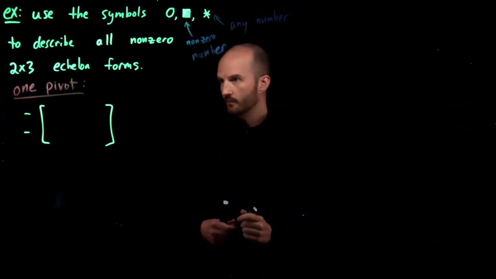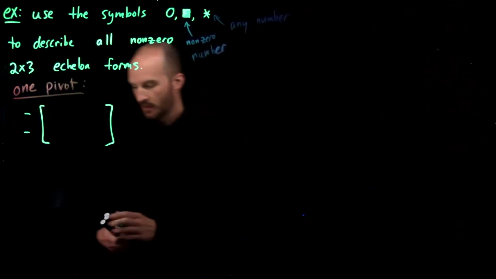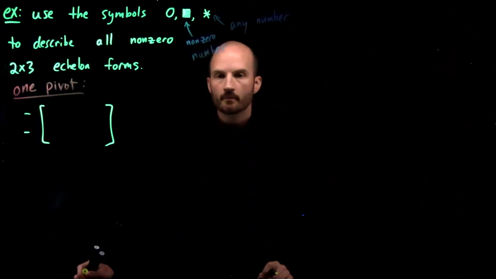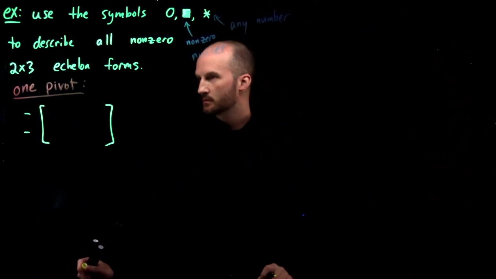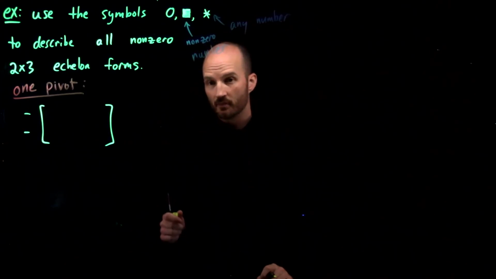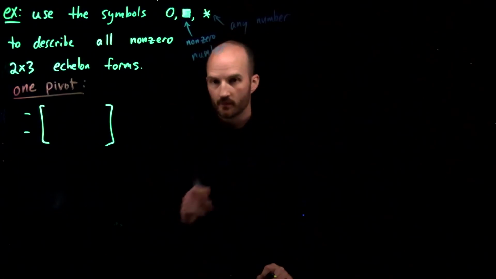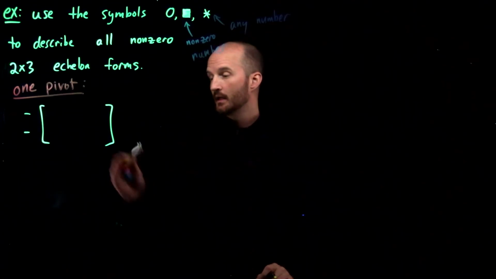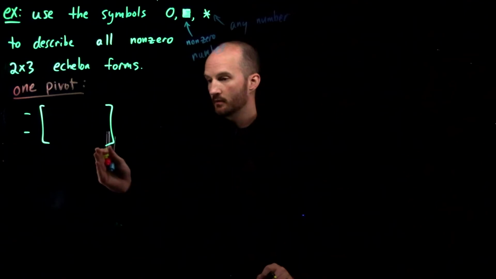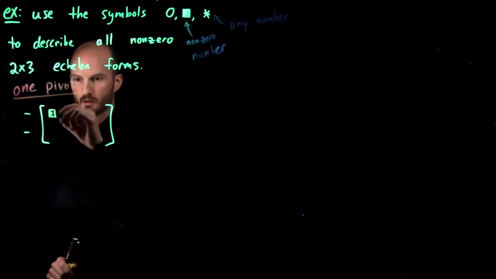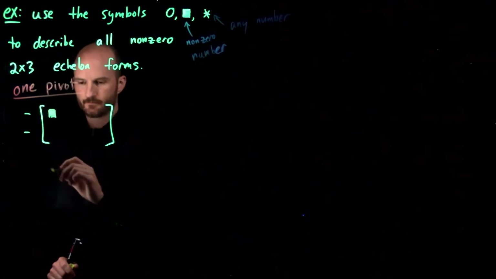So 1 pivot. How can that happen? Well, what are the different columns that that pivot could be in? Well, it can be here, here, or here. So I have exactly 1 pivot. It's got to be here, here, or here. So that gives me 3 possibilities.